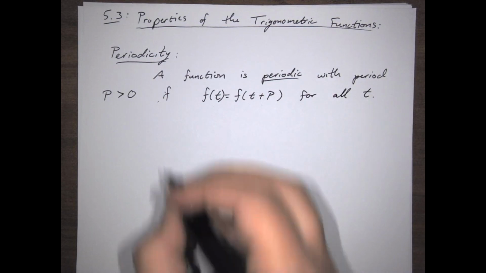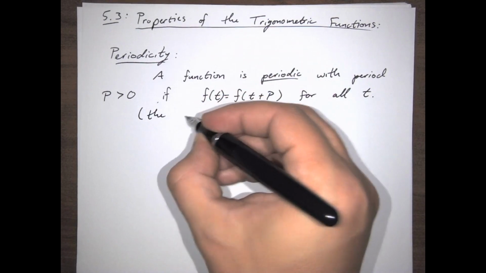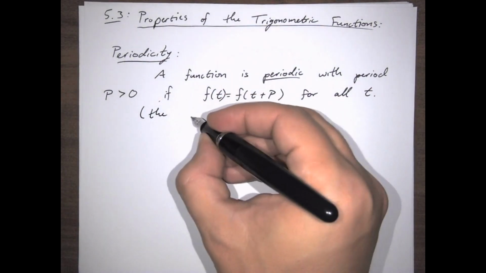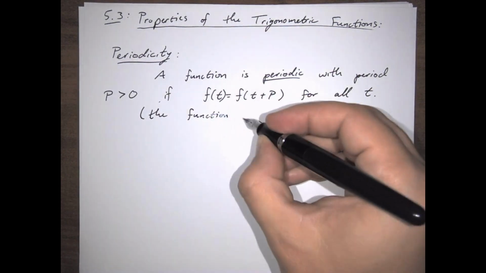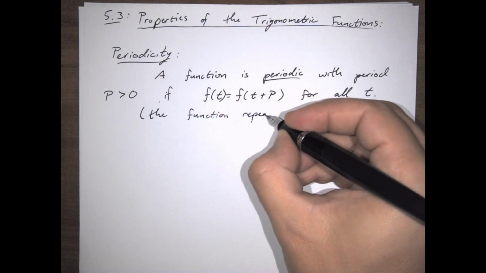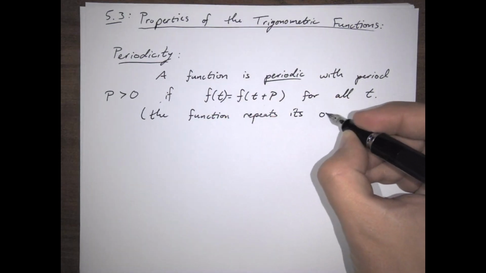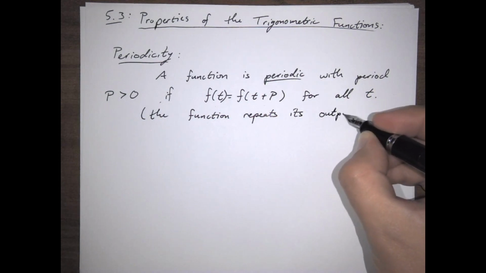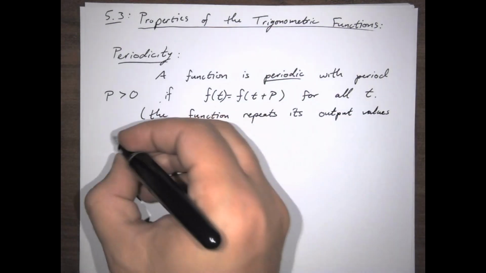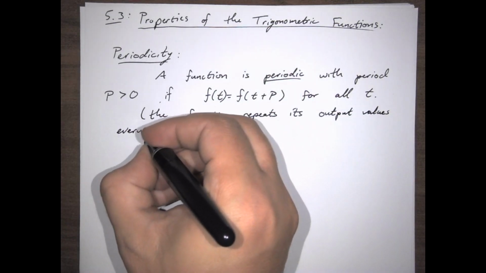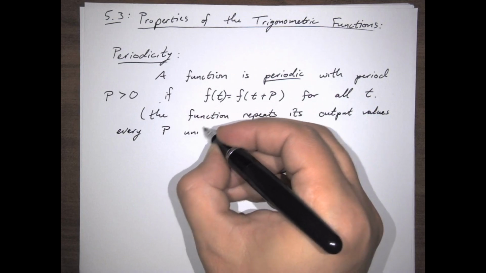Now basically what this means is that the function repeats its output values every p units.